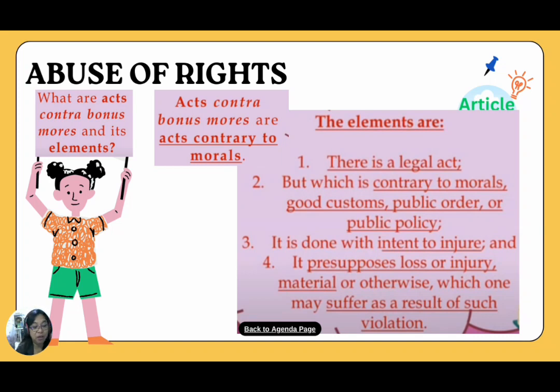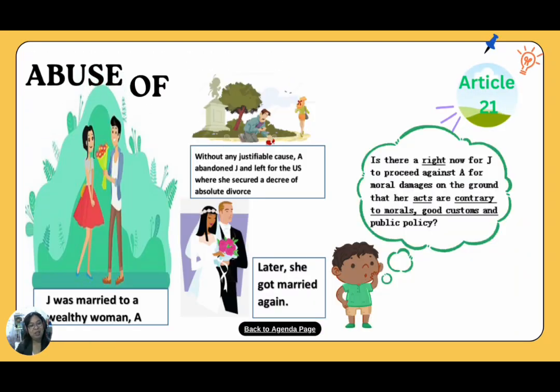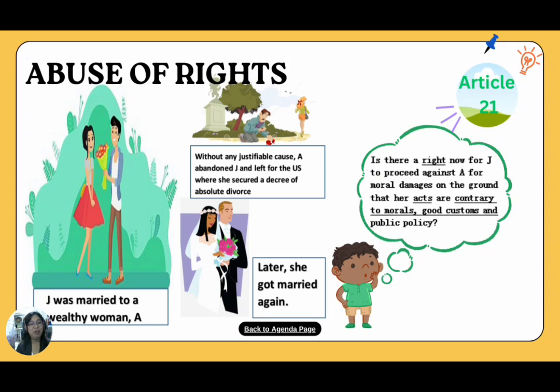As I mentioned earlier, I'm going to give an example based on cases. Now, here's one for abuse of right, aside from Miss Quiñones. This is also based on a case.